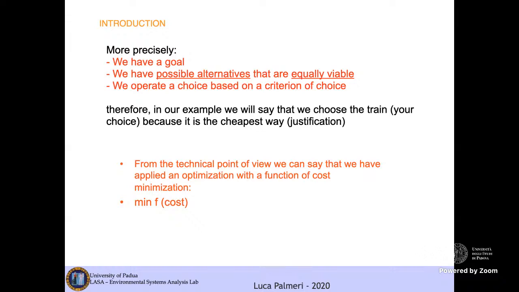So we have minimized the cost of our operation by a function of cost minimization. So this is a typical problem in decision theory that we are trying to make, little by little, as formal as possible.